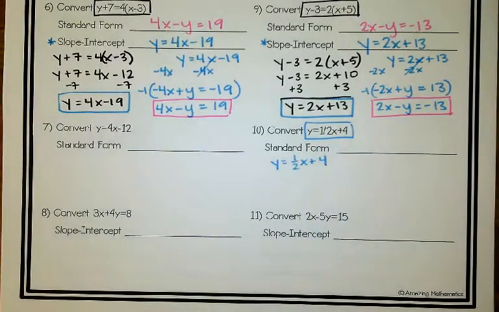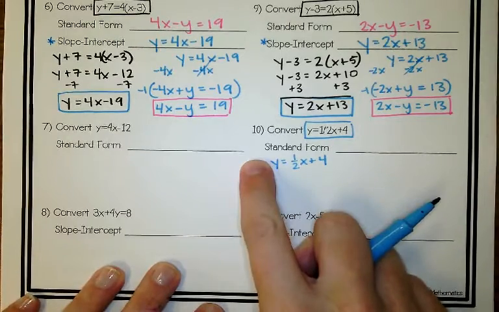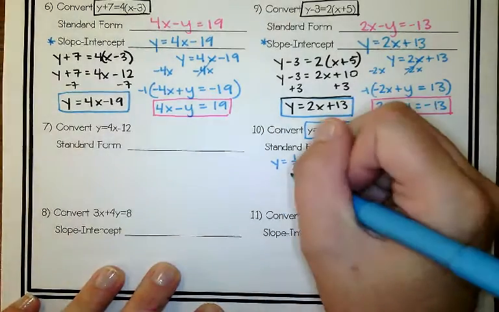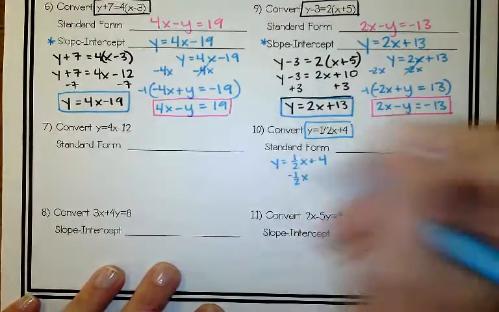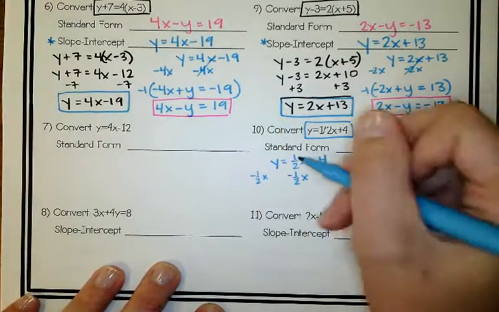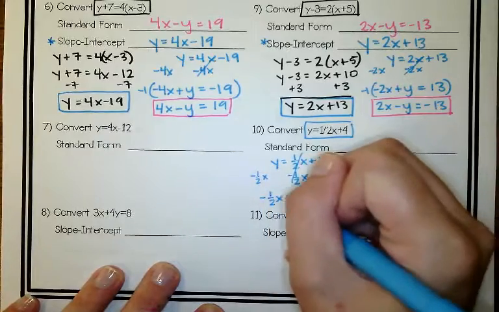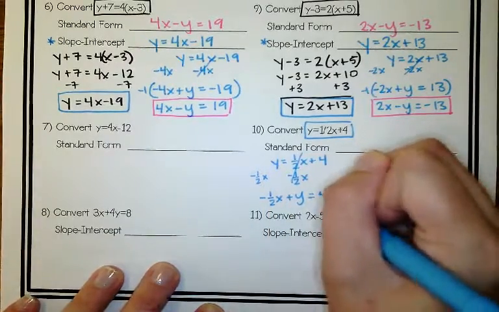So in order to get this in standard form, I need to get my x over to the other side. Is that correct? So I'm going to subtract my 1/2 x from both sides. And I will be left with negative 1/2 x plus y is equal to 4.